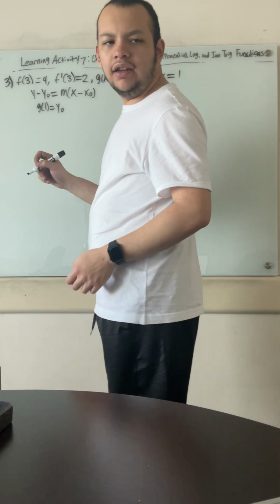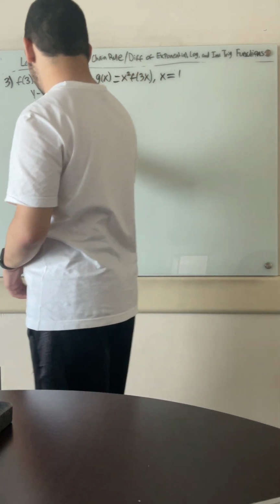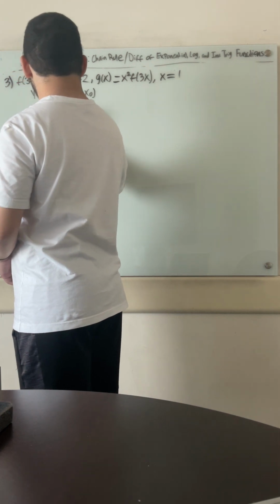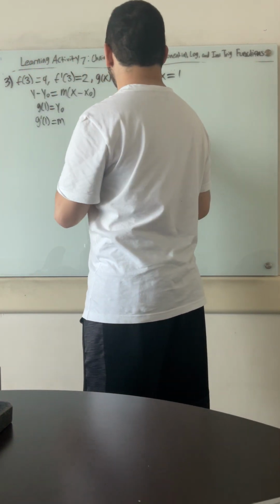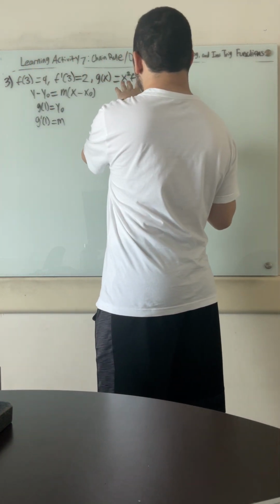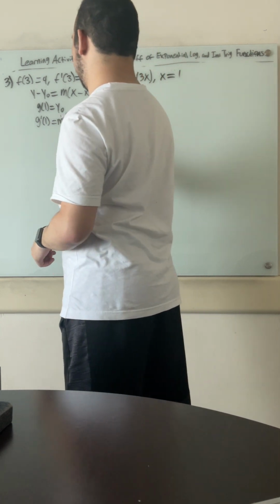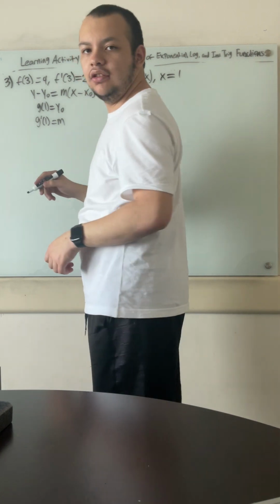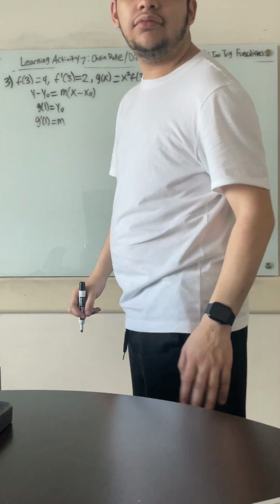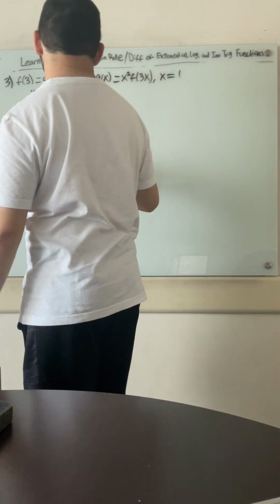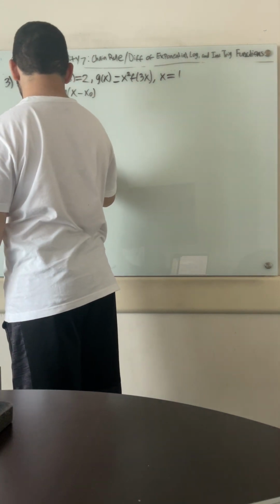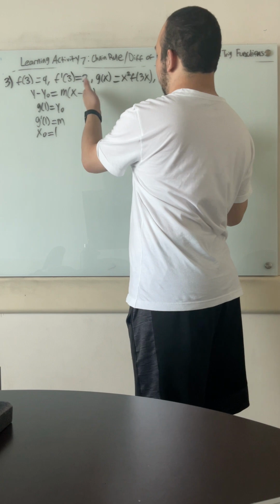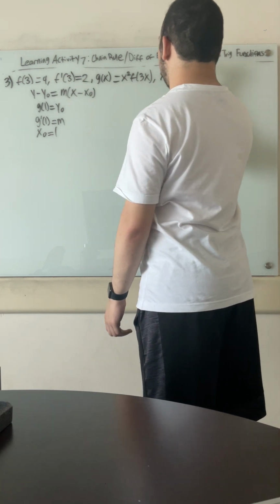And our slope is going to be g prime of 1. So essentially we're going to be taking the derivative of g of x, and we just plug in 1 once we figure out the derivative of this function. And our x0 is basically just 1, because that's the point we're being given. So this is the x point that we're given.